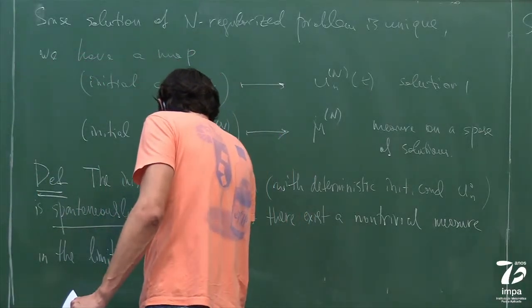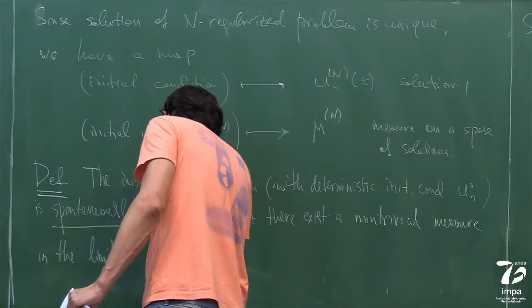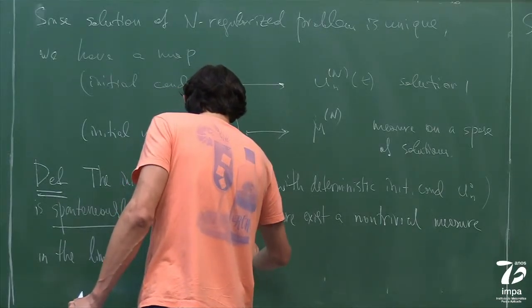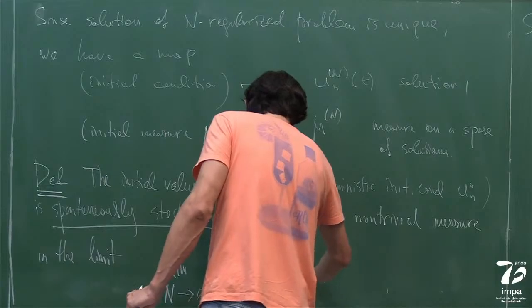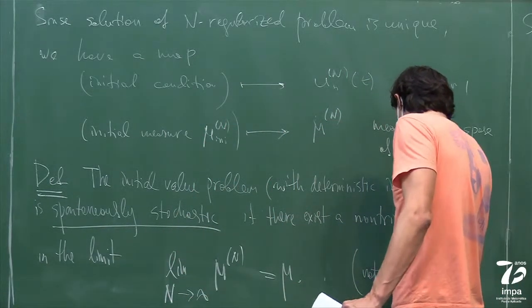So which limit? Limit of n goes to infinity. Mu n should give us a measure, not a subsequence.